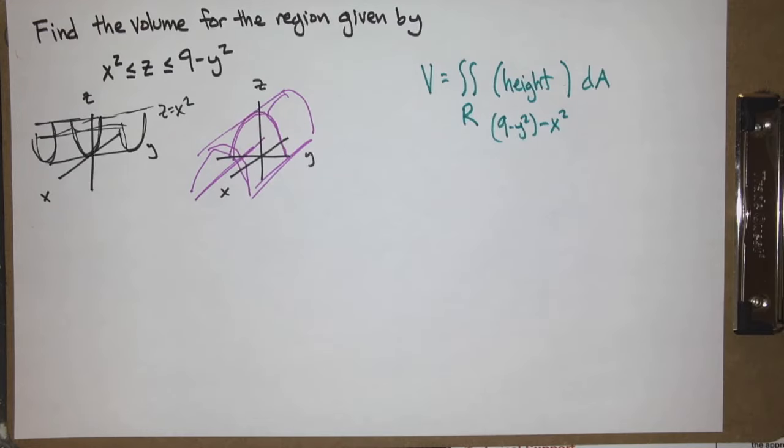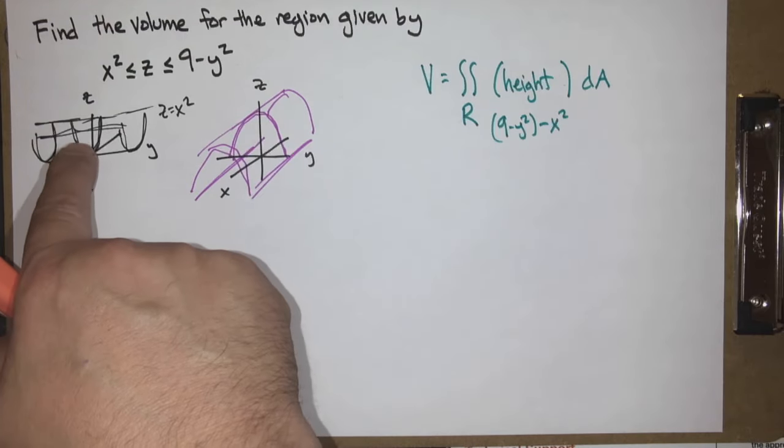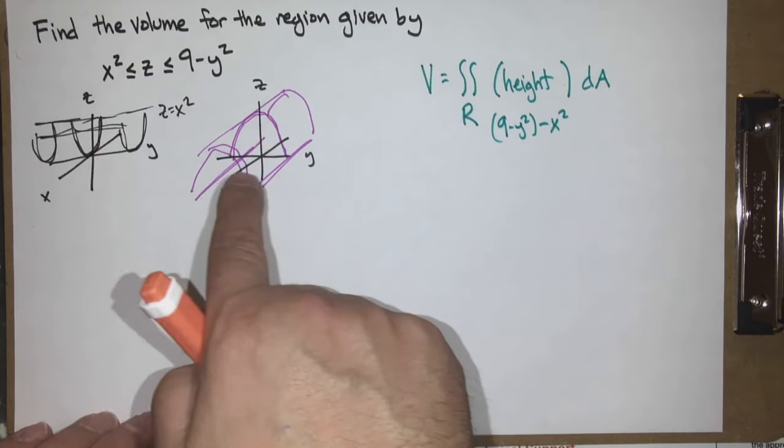What's our region? So how do we figure that out? What do we need to look for? Ah, circle. Okay, but how do we figure that out? I agree with you. Where does that circle come from? So they come from where the surfaces intersect.